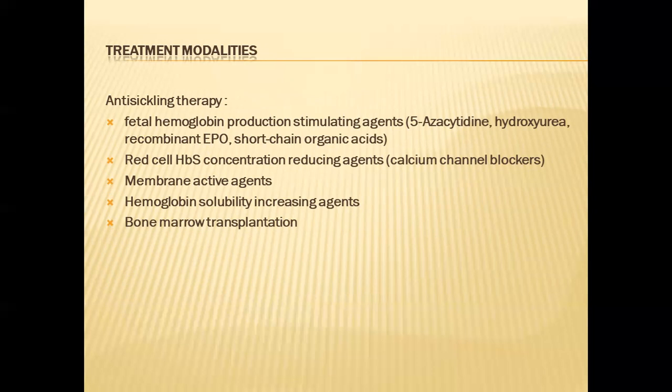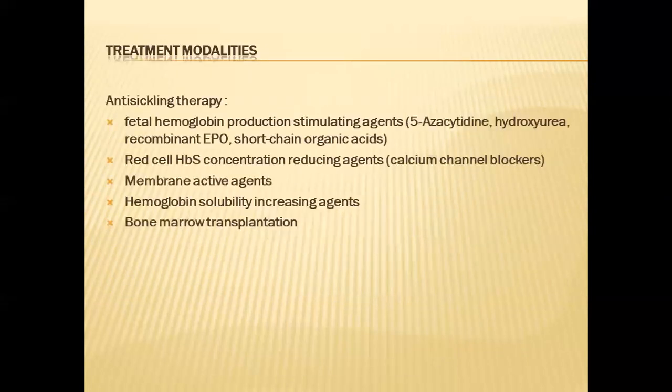Red cell HbS concentration reducing agents like calcium channel blockers, membrane active agents, hemoglobin solubility increasing agents, and bone marrow transplantation. These are the key modalities of treatment. So, in these children, in case of severe hemolysis, you can also go for transfusion.